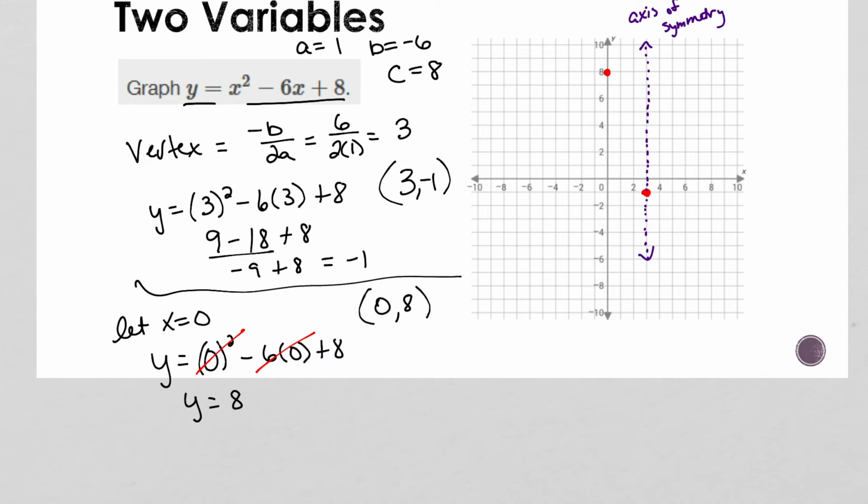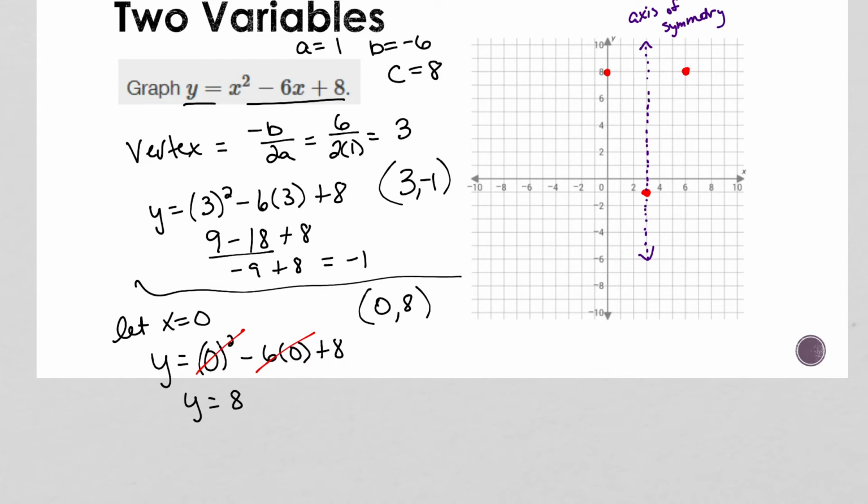That means that we actually have a point that is 3 to the right of the axis of symmetry. So because of the axis of symmetry, I am allowed to put another dot right there. Let me erase these other two little lines that I made. The axis of symmetry helps me find another point.